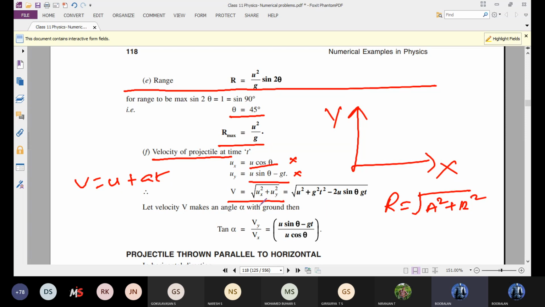So root of ux square plus uy square, applying the values, u square cos square theta plus (u sin theta minus gt) whole square. Just apply the values and you will get the final velocity: root of u square plus g square t square minus 2u sin theta gt. Just note the formula for problem purposes.